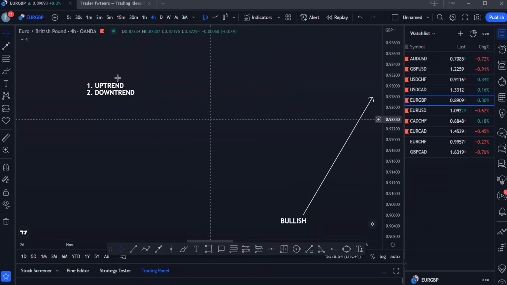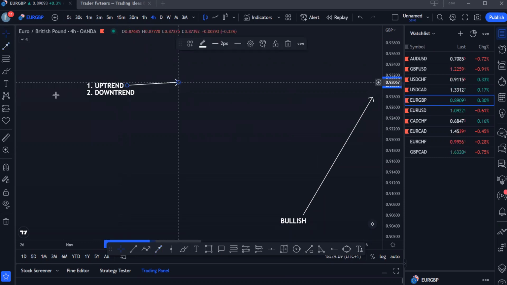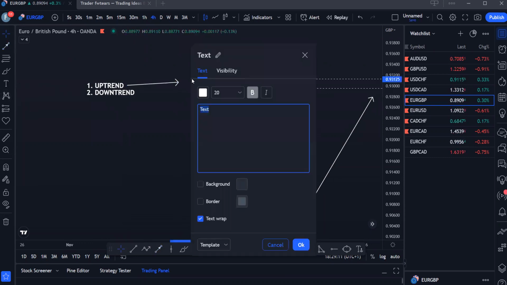An uptrend is an environment whereby price is bullish. An uptrend is a bullish market when price is going up.